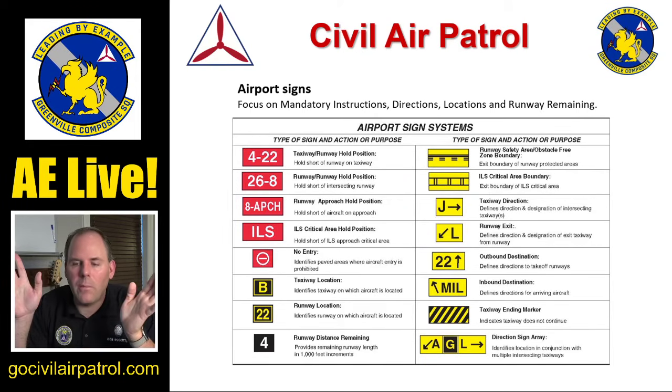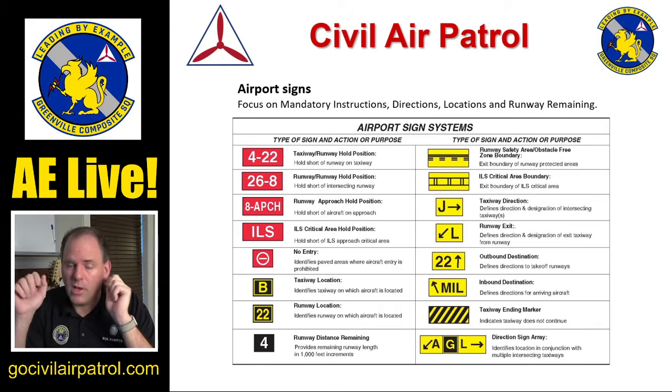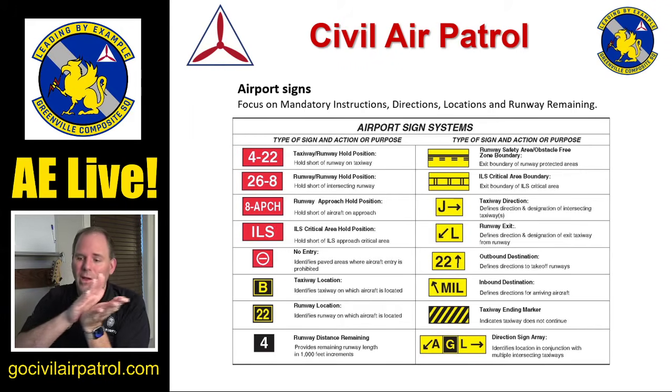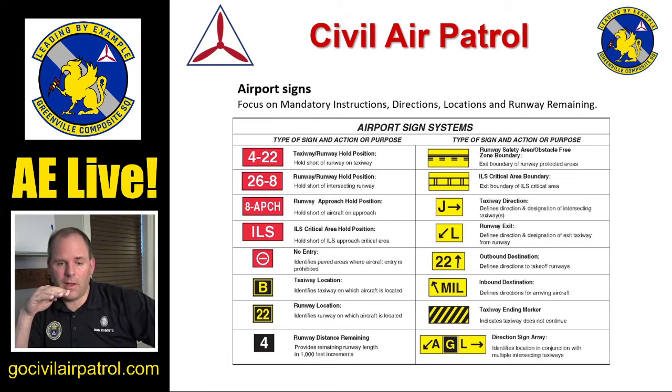ILS critical area boundary. So what that is, if you taxi too far forward, so we talked about the precision approaches, and really all that is, it's a radio. And so the radio shoots out at an angle, and so it goes in the front and it goes to the back. And so the airplane coming in for a landing is basically tracking that radio coming all the way down.